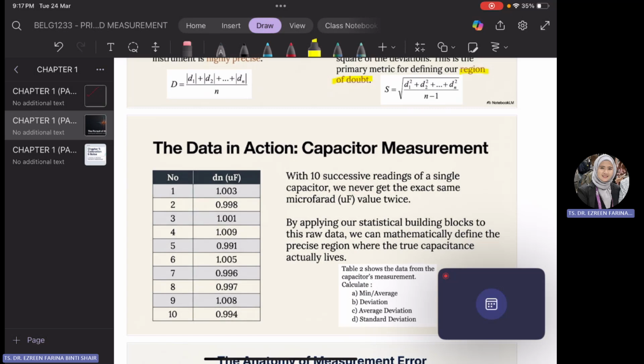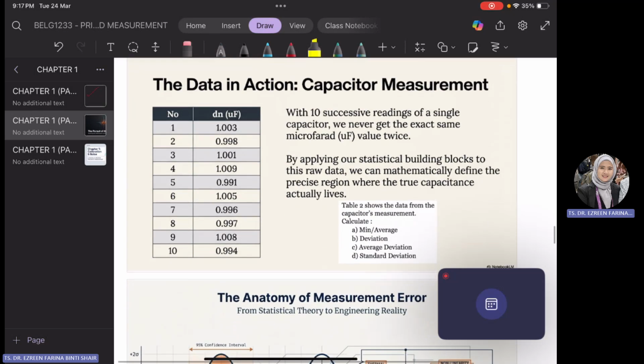By applying statistical analysis to this data, we can mathematically define the precise region where the true capacitor value actually lives. From this data, we can calculate the mean or average value, the deviation value, the average deviation, and also the standard deviation.